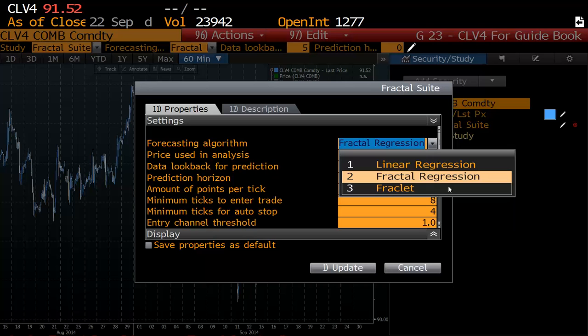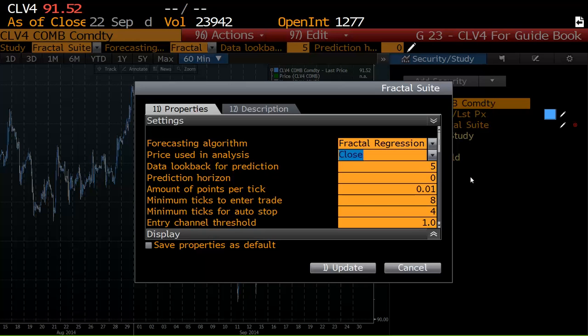It uses all of the data on the chart, and also a form of k nearest neighbor algorithms in addition to fractal statistics and a few other types of algorithms in combination to make a forecast into the future. So for the sake of keeping it as simple as possible for right now, I'm going to use the default number 2, fractal regression, as our predictor.